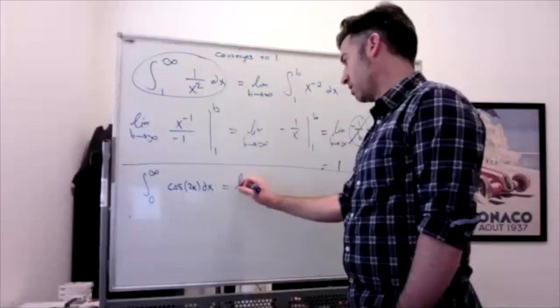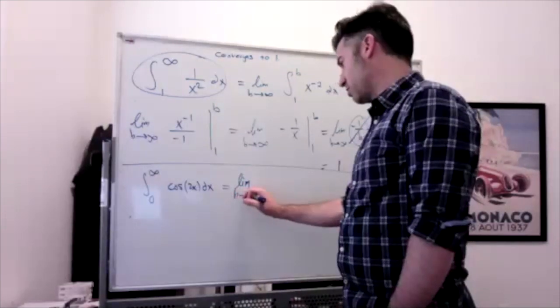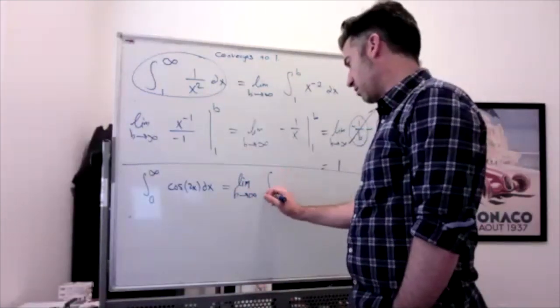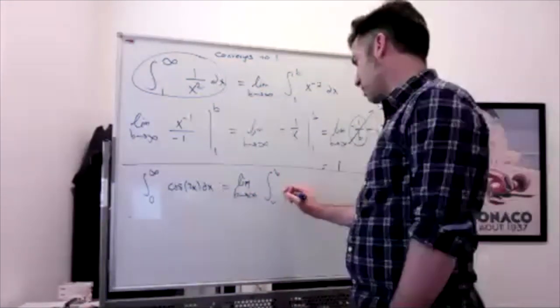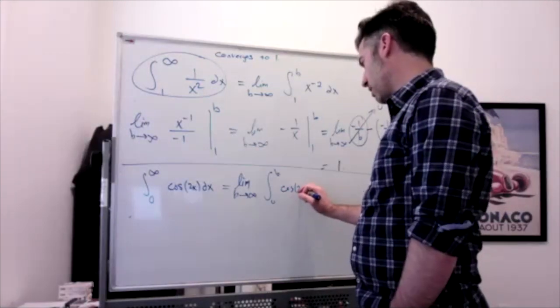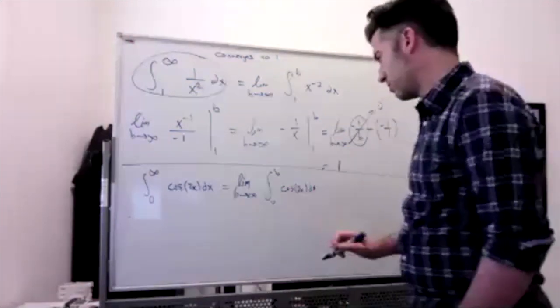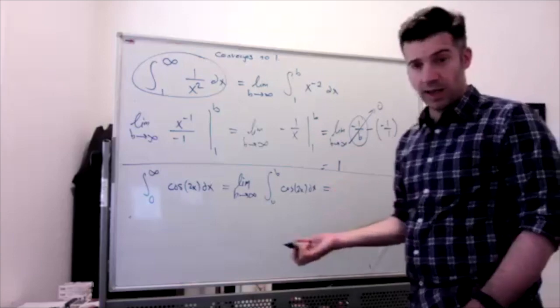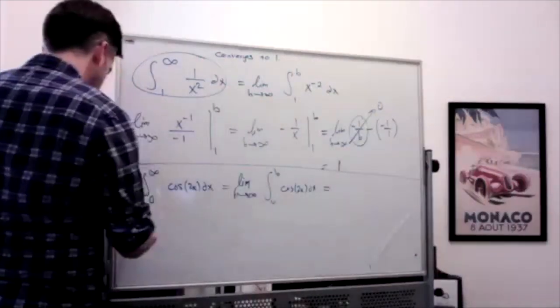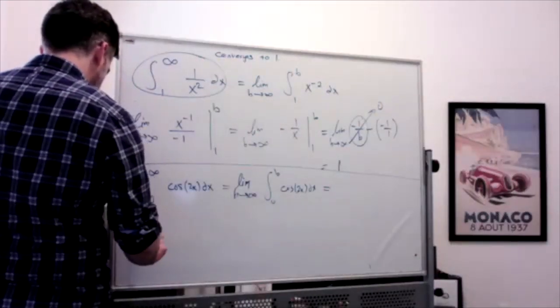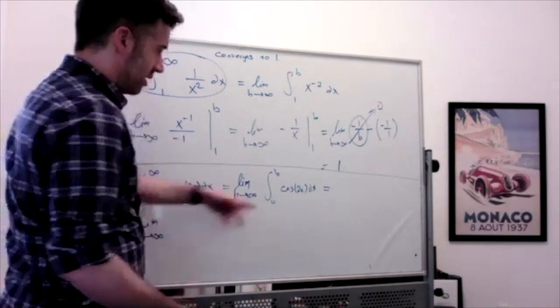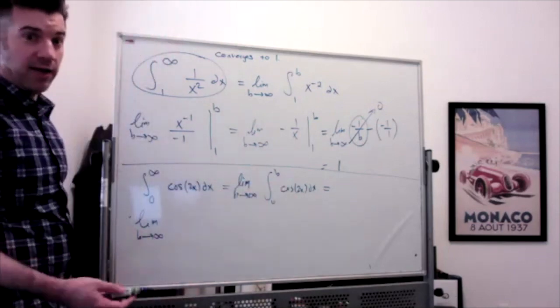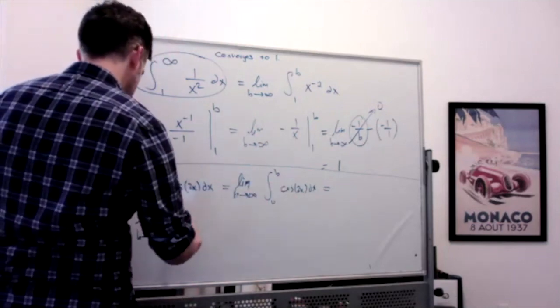So it's the limit as b goes to infinity of the integral from 0 to b of cosine of 2x dx. And then we can integrate that. That's going to be the limit as b goes to infinity of the integral of cosine of 2x, which is 1/2 sine of 2x.